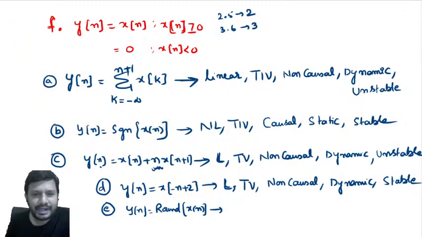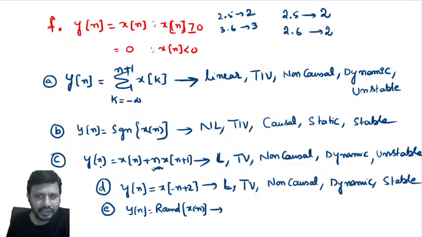Linearity means additivity must be satisfied. Additivity means x1 of n plus x2 of n must produce y1 of n plus y2 of n. Suppose if I give 2.5, it is rounded to 2. Suppose if I give 2.6, it will be rounded to again 2. Yes or no?